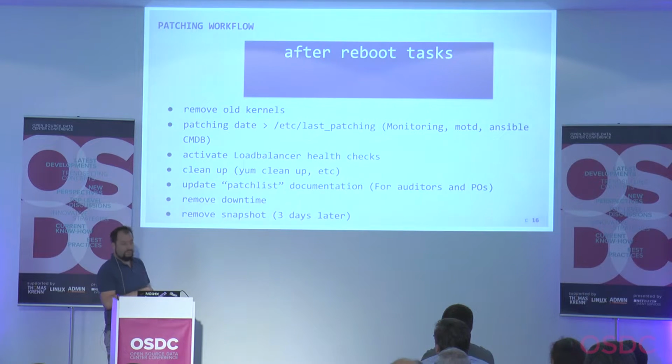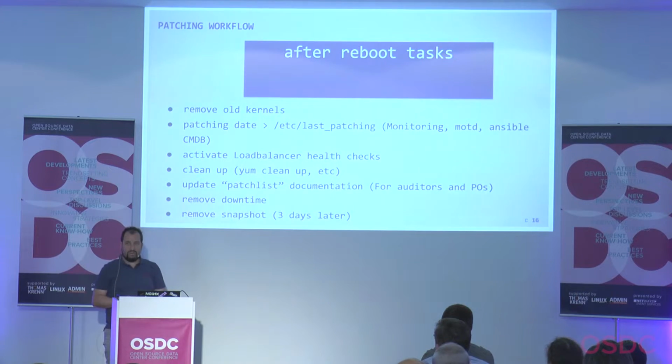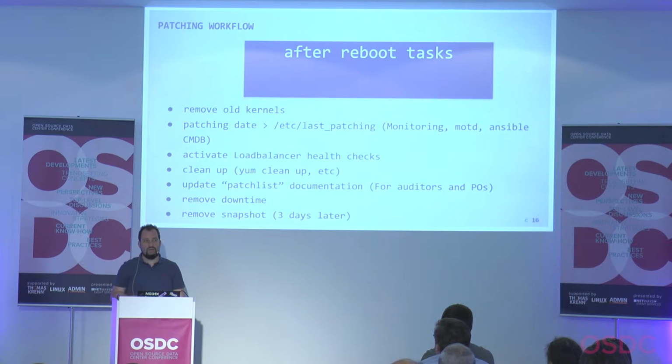What we also do is, of course, we need to reactivate the load balancer checks so that the machines come back online. We make cleanups on YUM because you don't want to have several hundred servers with stuff in the YUM cache you don't need. We update a patch list documentation. This is something our departments can check in the browser.